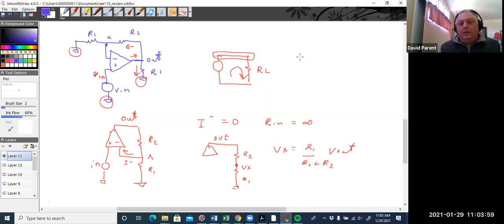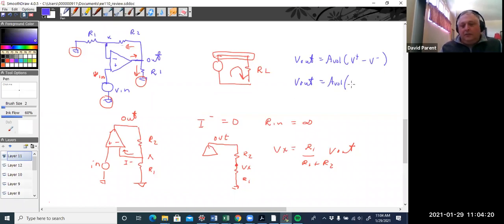Well, now let's use our behavioral equation, open loop gain, V plus, V minus. Open loop gain is still open loop gain.